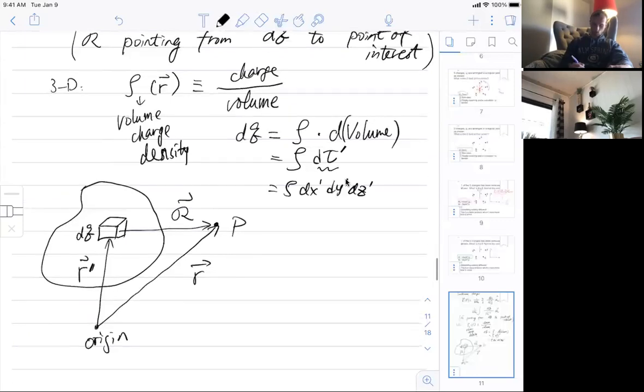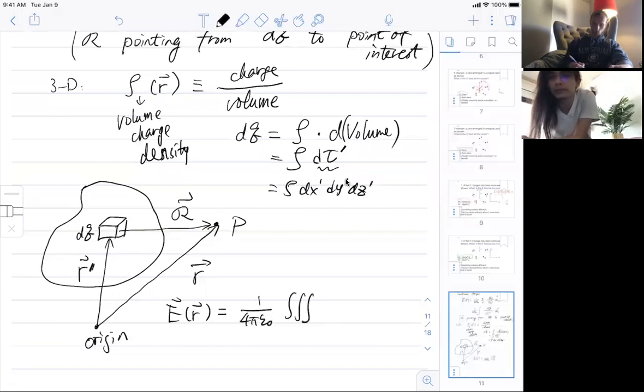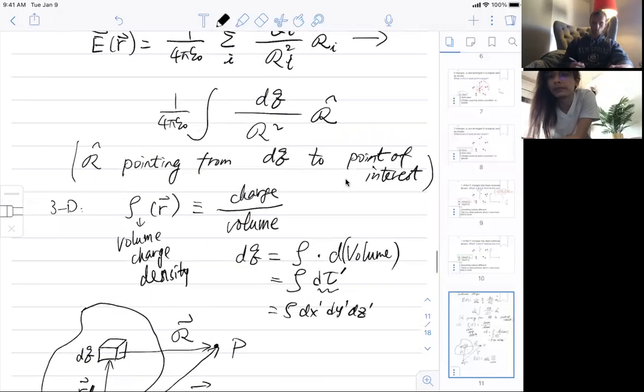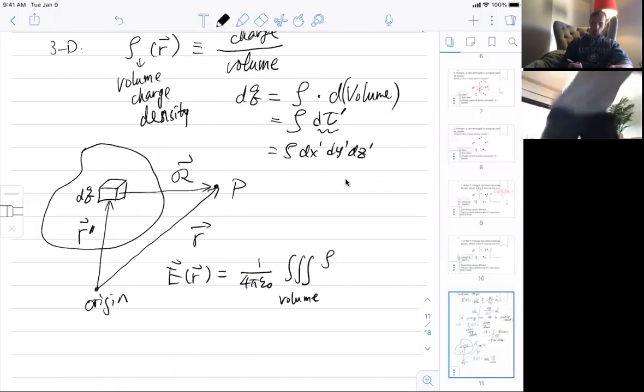So having expressed this using volume density, what does our E field now look like? The E at location r is going to be the integration over this volume, right? And you can see I'm integrating over dq. dq becomes rho d tau now.